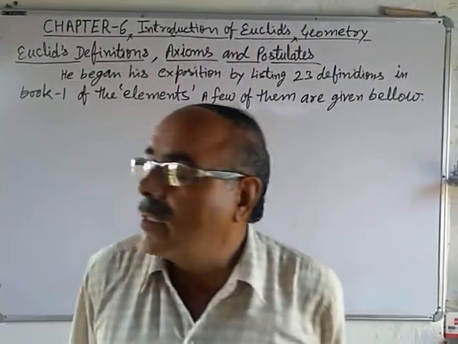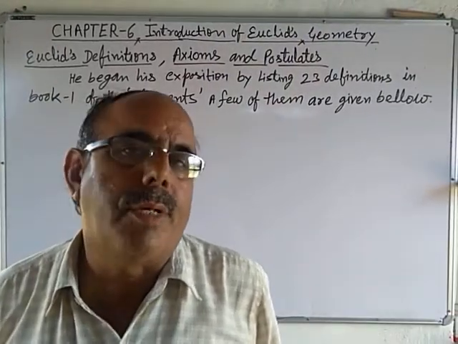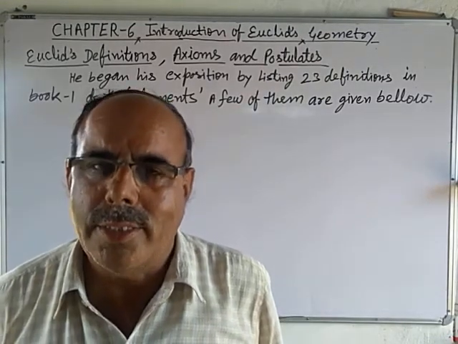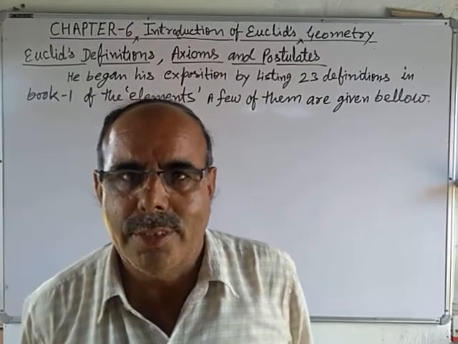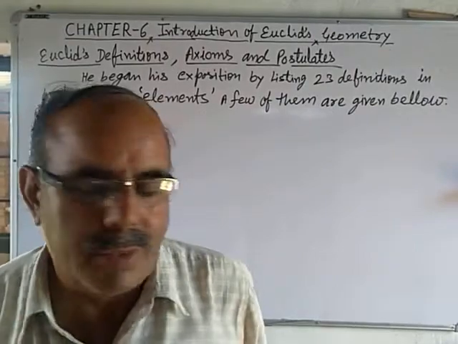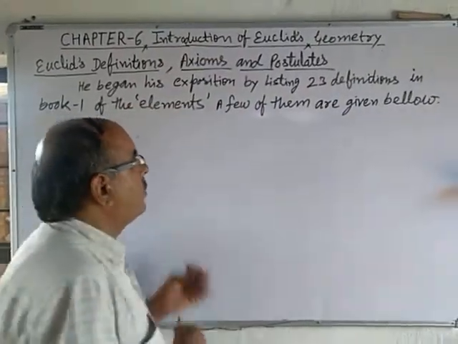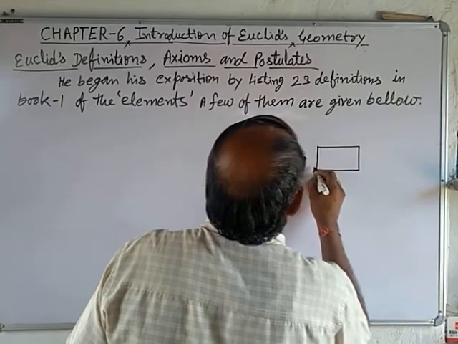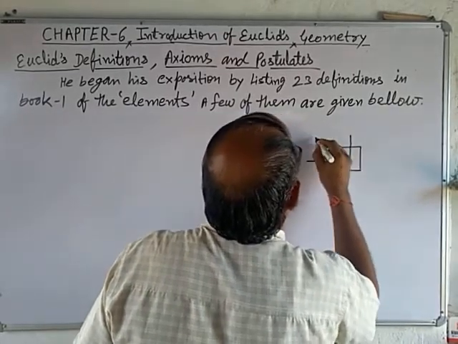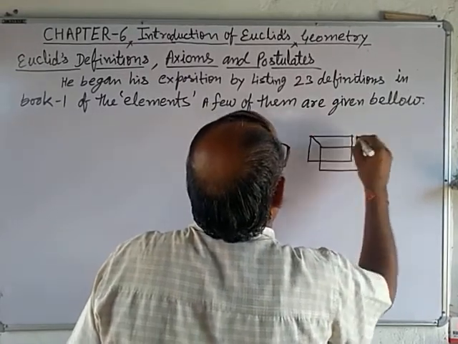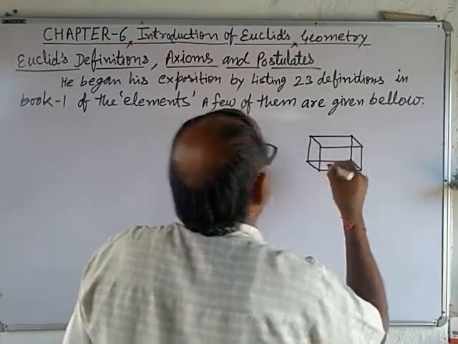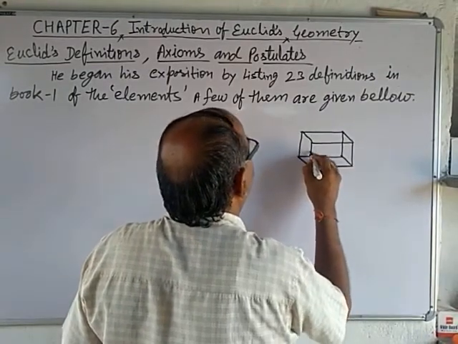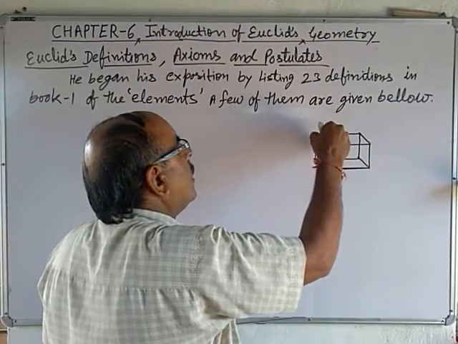The solid has 3 dimensions because it has length, breadth and height or depth.